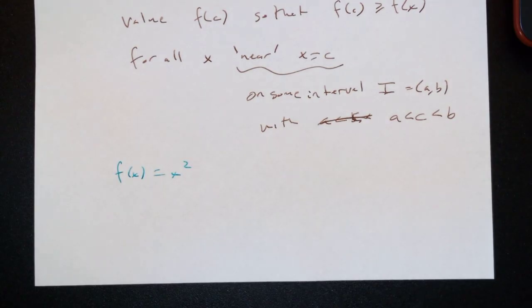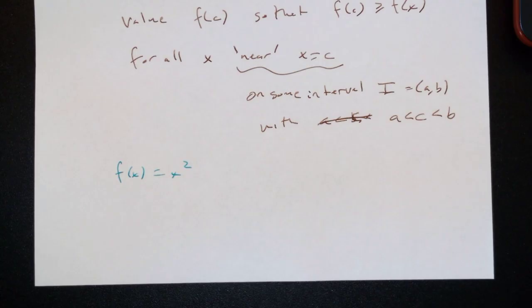The graph, f of x equals x squared. It's a parabola, right? There we go. Parabola opens upward, it's got a lowest spot. What's the name of the lowest spot on a parabola?